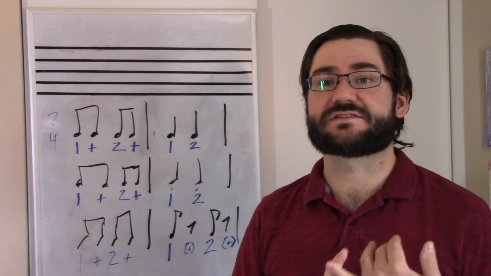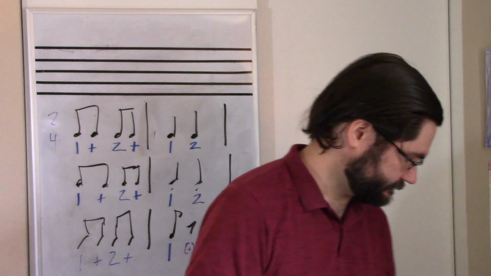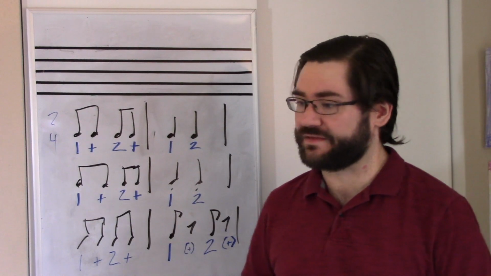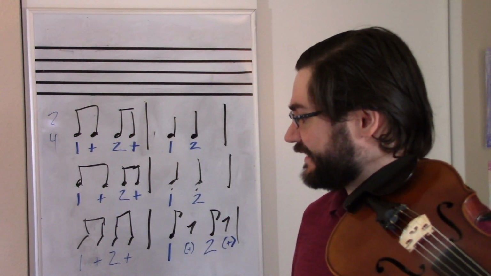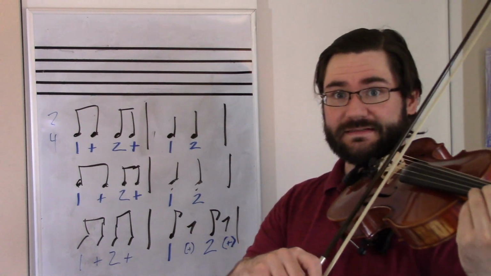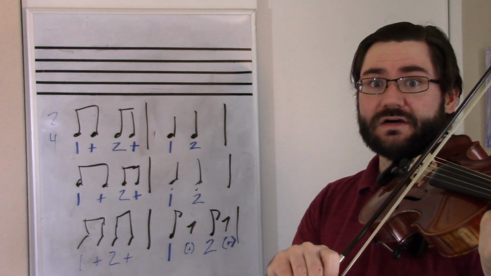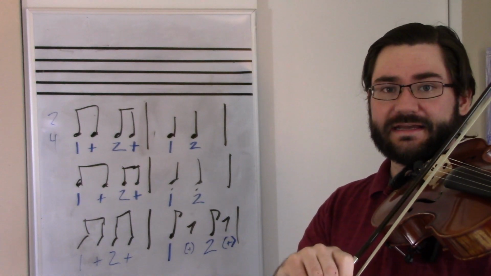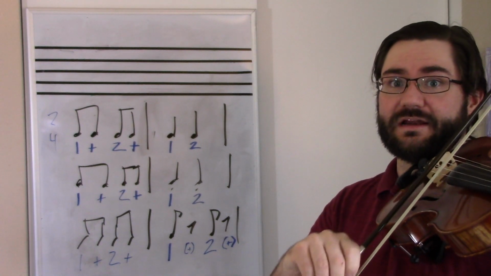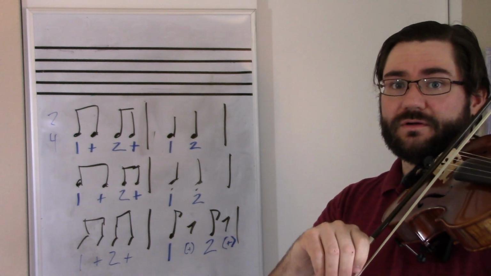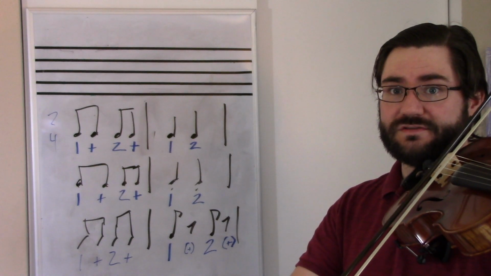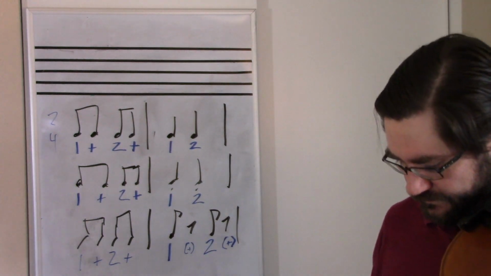The big difference is going to be when you play. So let's get our instruments and let's try playing together number 168. Here we go. On D. Ready? I suggest middle of the bow. 1, 2, ready, and 1 and 2 and 1, 2, 1 and 2 and 1, 2, 1 and 2 and 1, 2.